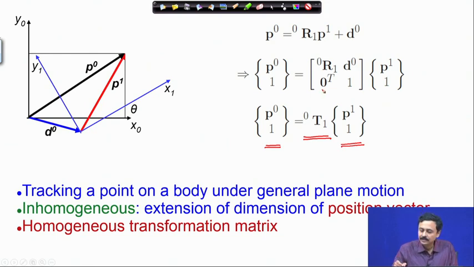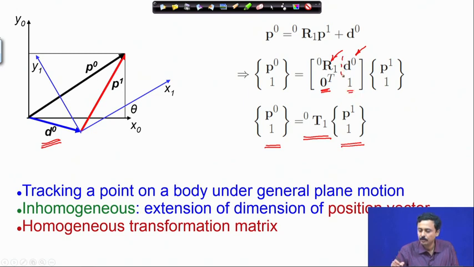Here I have written this as 0 transpose, which is 0 0 as a row. Here we have the rotation matrix, here is the translational vector d 0. So, here on this figure we have the vector d 0, which is represented in x 0 y 0. Here we have 0 transpose, which is 2 zeros as a row, and we have this scalar 1.